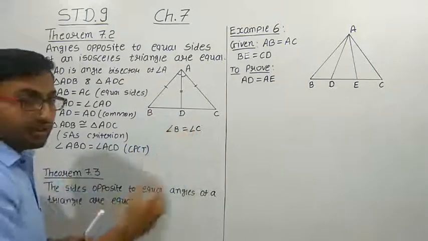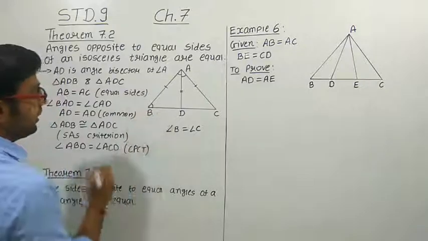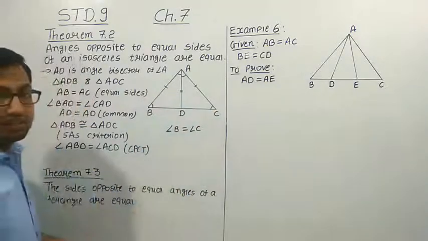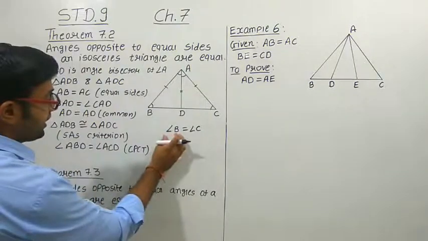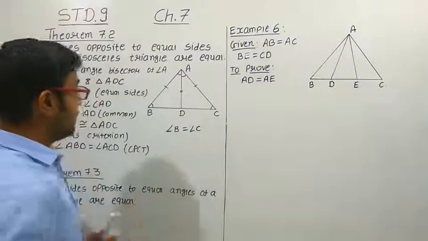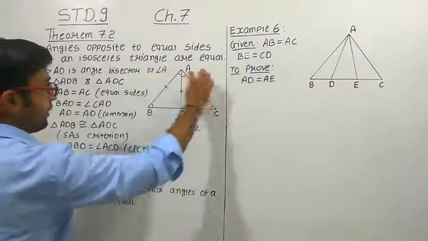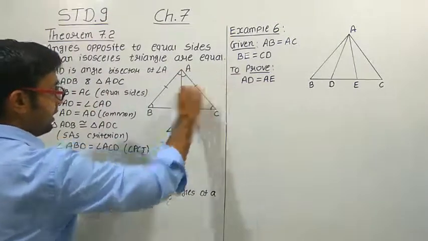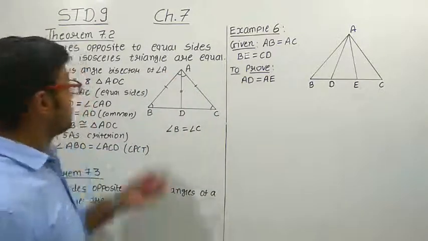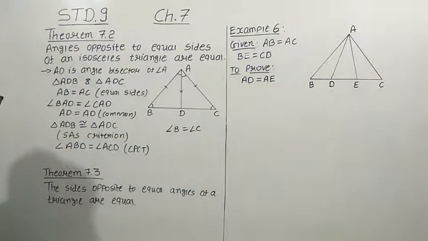ABD means angle B. And ACD means angle C. So we can now write down that angle B is equal to angle C. So this is the proof. If two sides of a triangle are equal, then their opposite angles will also become equal. So this is theorem number 7.2.